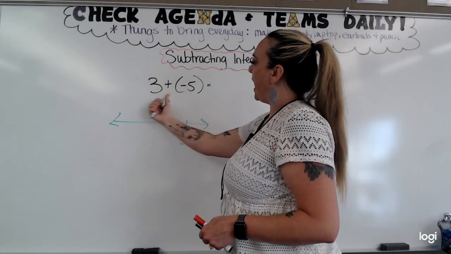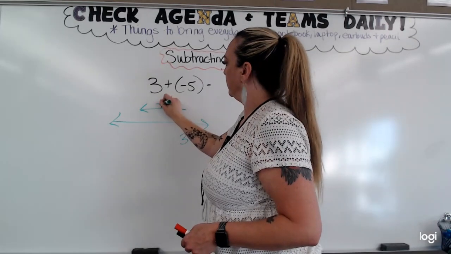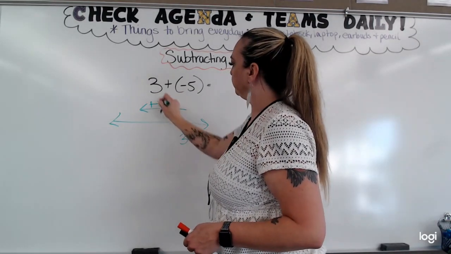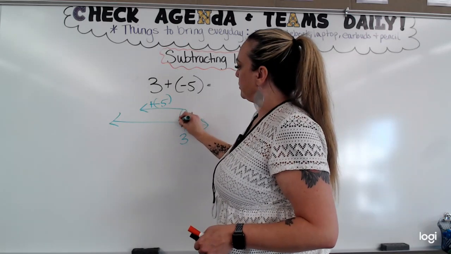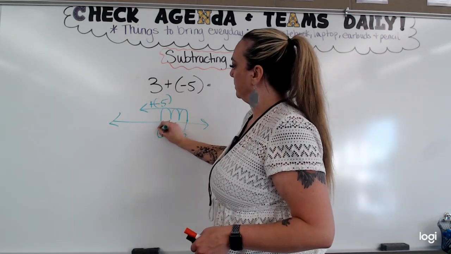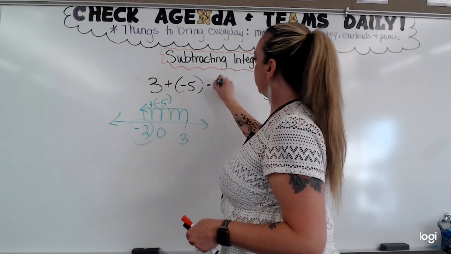So we're adding, but we're adding the opposite. So we're going left. If we start here, that's 2, 1, 0, negative 1, negative 2. Our answer is negative 2.